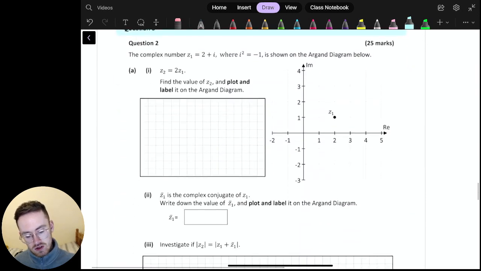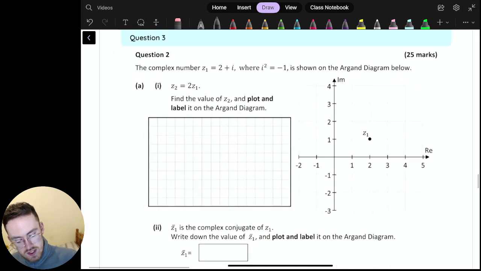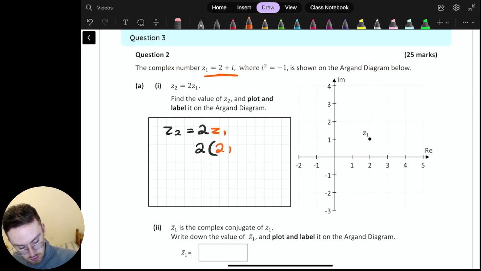Looking then at question 3, they give us a complex number and then they tell us something else as well. They've actually plotted this one already on the diagram. So z2 is 2z1. Let's do the same as we did the last time. z1 is here, so 2z1 means 2 by 2 plus i.